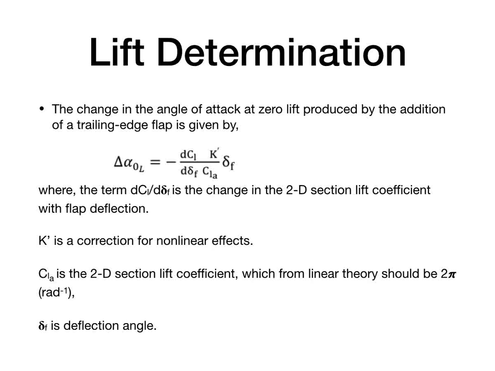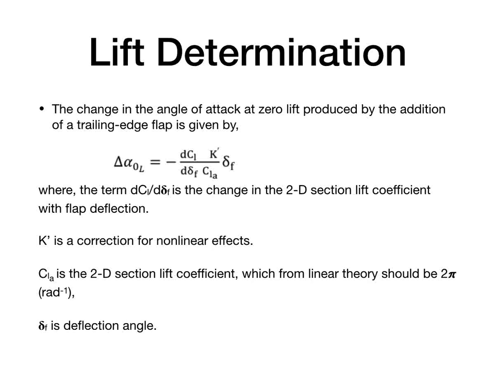Starting with the original 3D lift coefficient versus angle of attack that was previously developed, the first step is to find the change in the angle of attack at zero lift, that is, delta alpha naught L is equal to minus dCl/d delta f times k' over CLA times delta f, where the term dCl/d delta f is the change in the two-dimensional section lift coefficient with flap deflection.